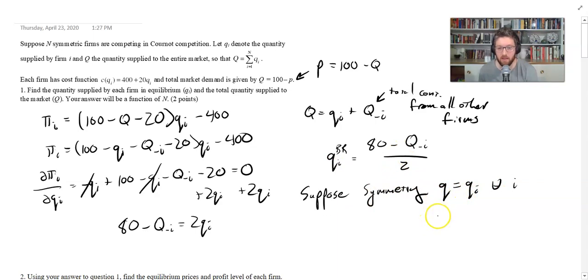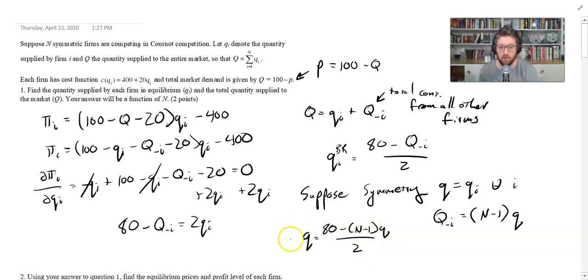We got to realize that this term here, if there are n firms, and capital Q to the negative i is the contribution of everybody else, there's n minus 1 other guys. Each one supplies lowercase q, so we can substitute this. We plug that in here, and we get q equals 80 minus n minus 1 q over 2.